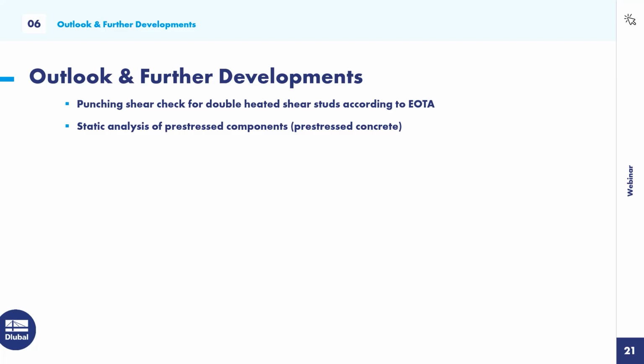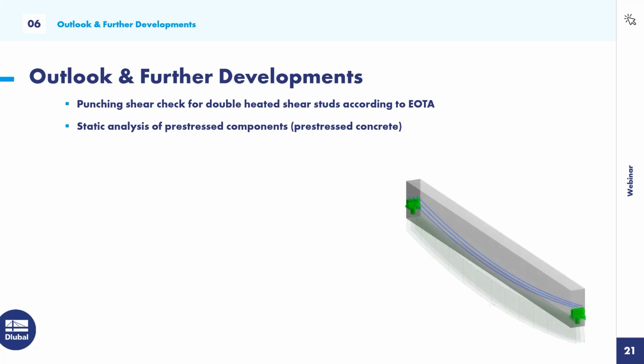Then what we are working on is the static analysis of pre-stressed components, so pre-stressed concrete. This is possible with the add-on Tendons. We can define totally free geometries of tendons inside of a beam or of a surface, and if it is inside, then it is automatically connected.